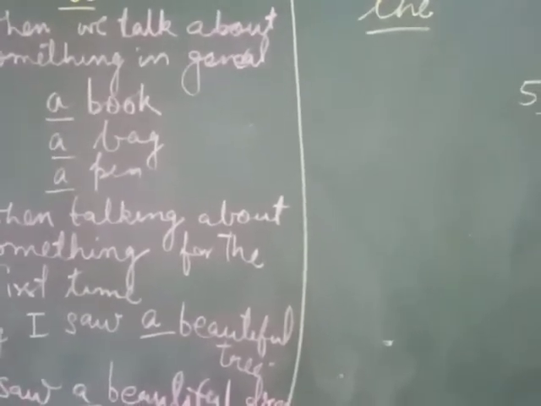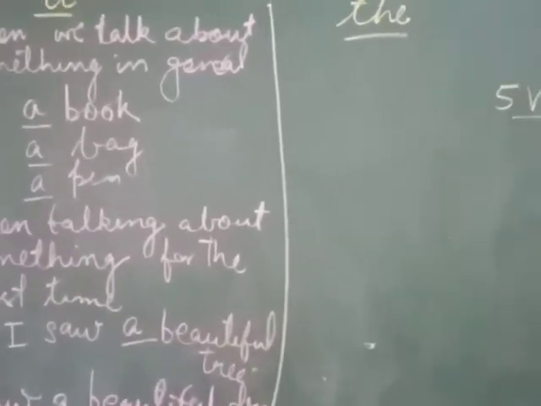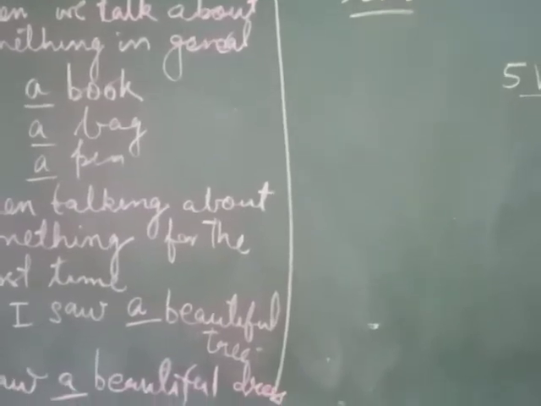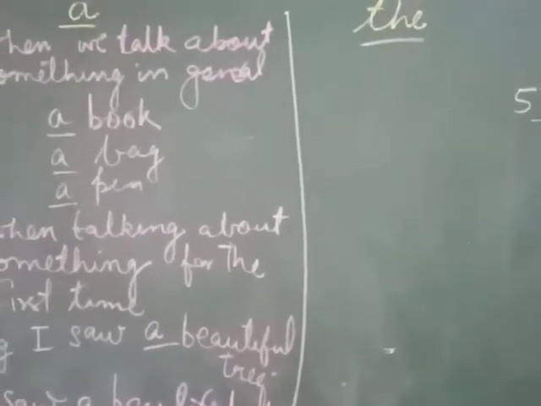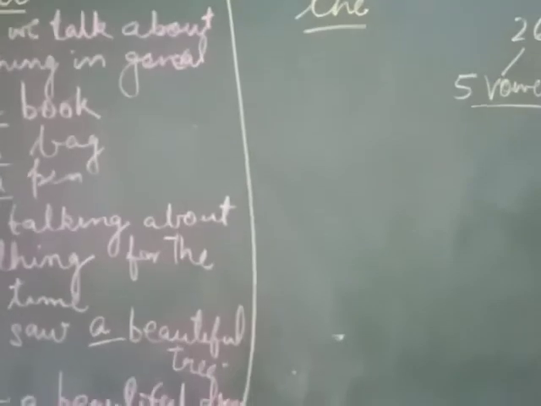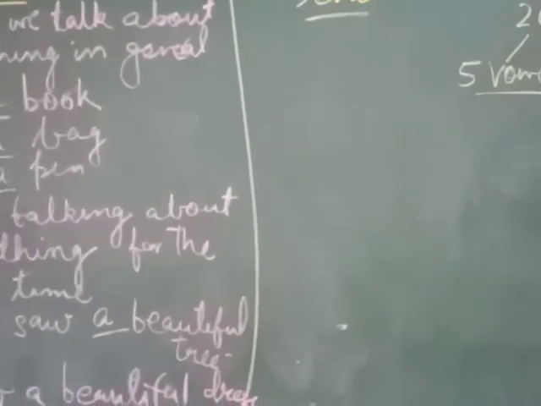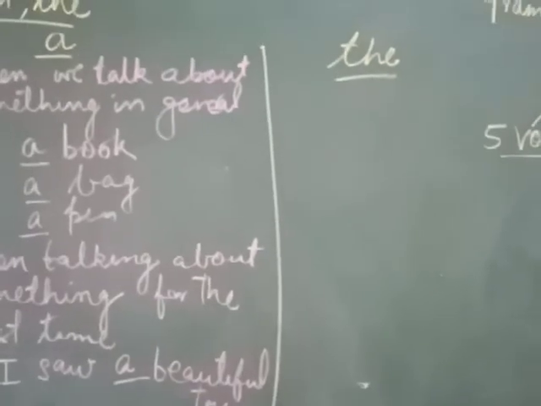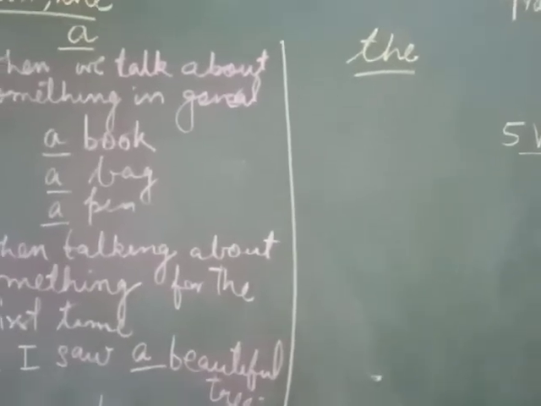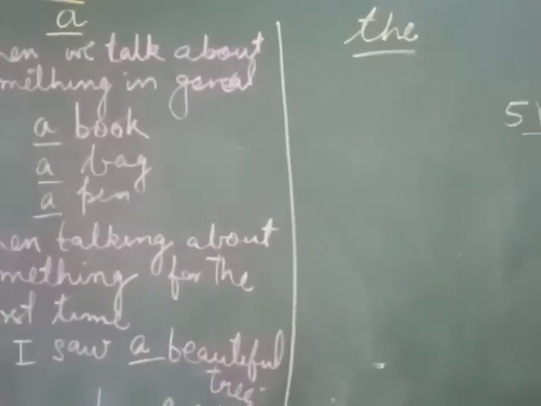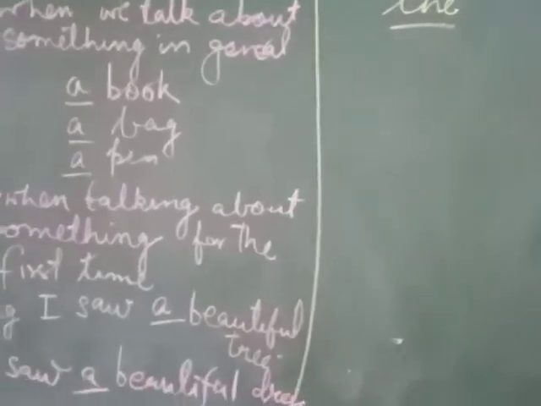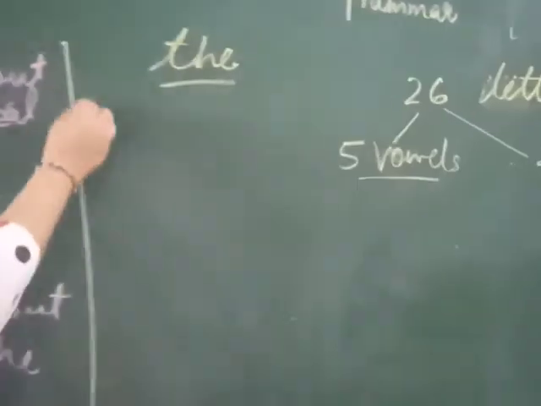A particular thing, because Taj Mahal is a particular Taj Mahal. We cannot make another Taj Mahal and say there are Taj Mahals. No. The Taj Mahal, a specific object. समझ आया? तो वहाँ हम क्या लगाते हैं? We use the.